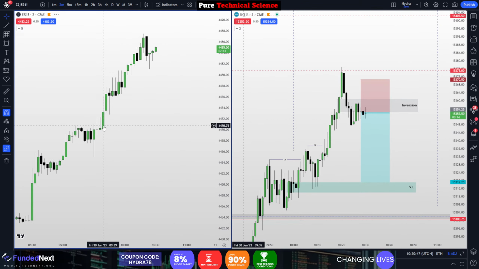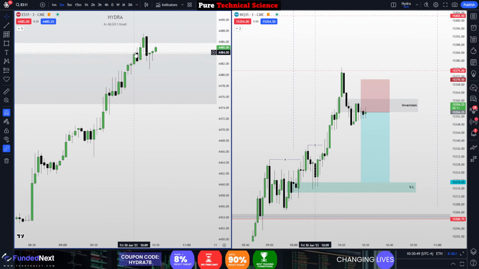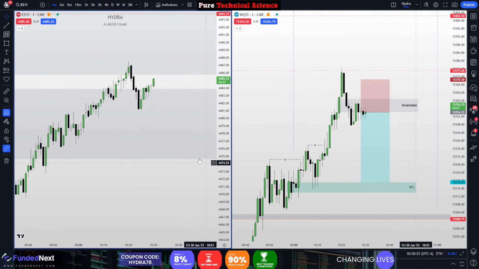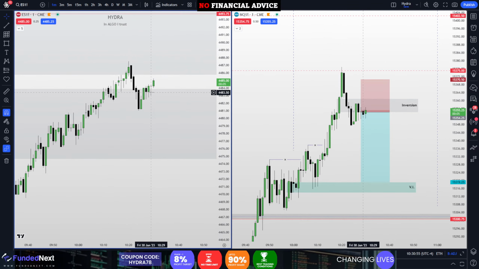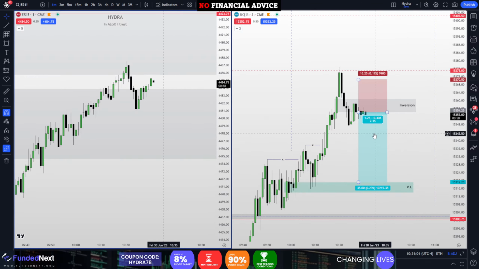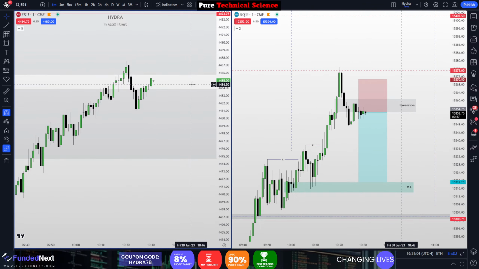You guys are looking at ES. How is ES behaving? Do you guys see that this breaker block failed? Yeah. So in a trendy market, price does things like this. It will just continue to respect the bullish PD arrays rather than the bearish ones. So that's why I'm preferring to tape read this setup. It's a low probability setup. There's relative equal highs which are still intact on Dow.